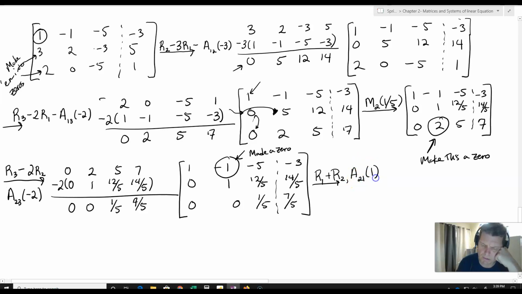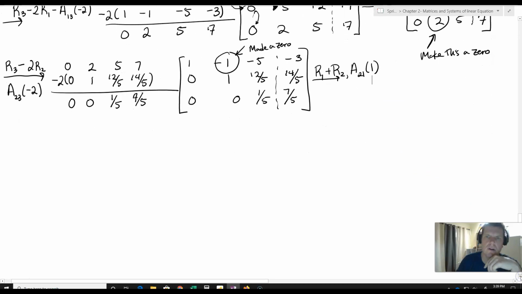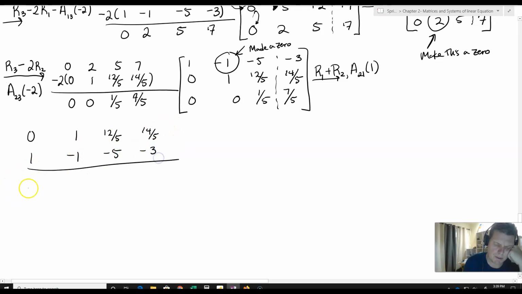And there's no scalar multiplication. So now we're going to construct this. And this is going to be 0, 1, 12/5, 14/5. And then 1, -1, -5, -3. So we're just going to add those two together.